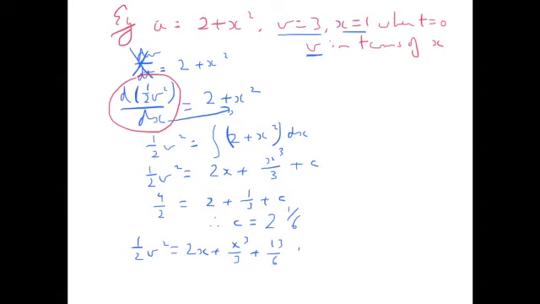We now want an expression for v. First of all, we'll get rid of the half, so v squared is 4x plus 2x cubed on 3, and multiplying through by 2 we get this to be 13 over 3, and so v is the square root of all that.